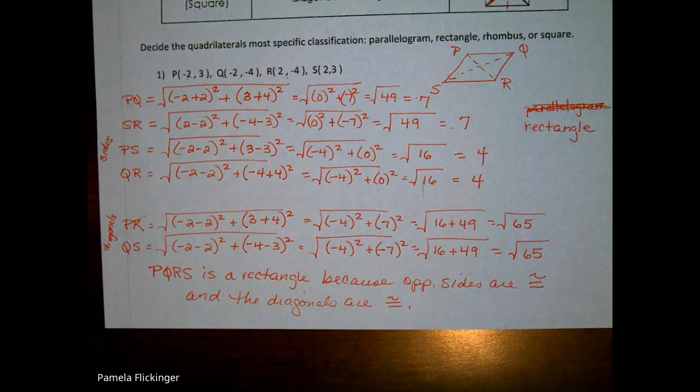That's what we proved. So this is the work that you should have for every problem. 4 sides, 2 diagonals, and then take a look and see what you ended up with. All right, let me know if you need some help.